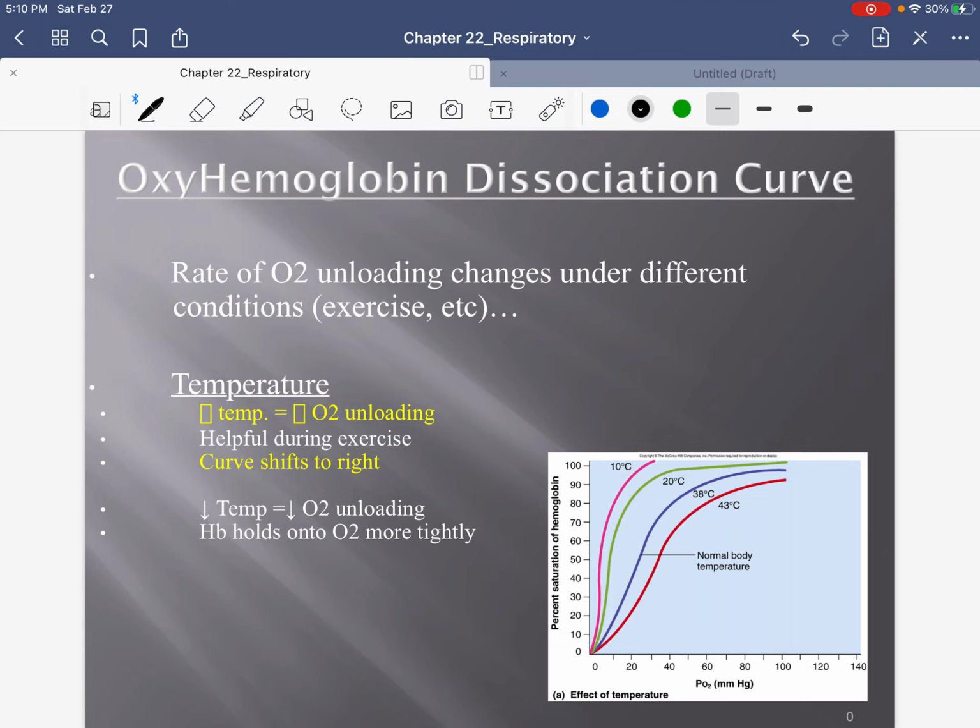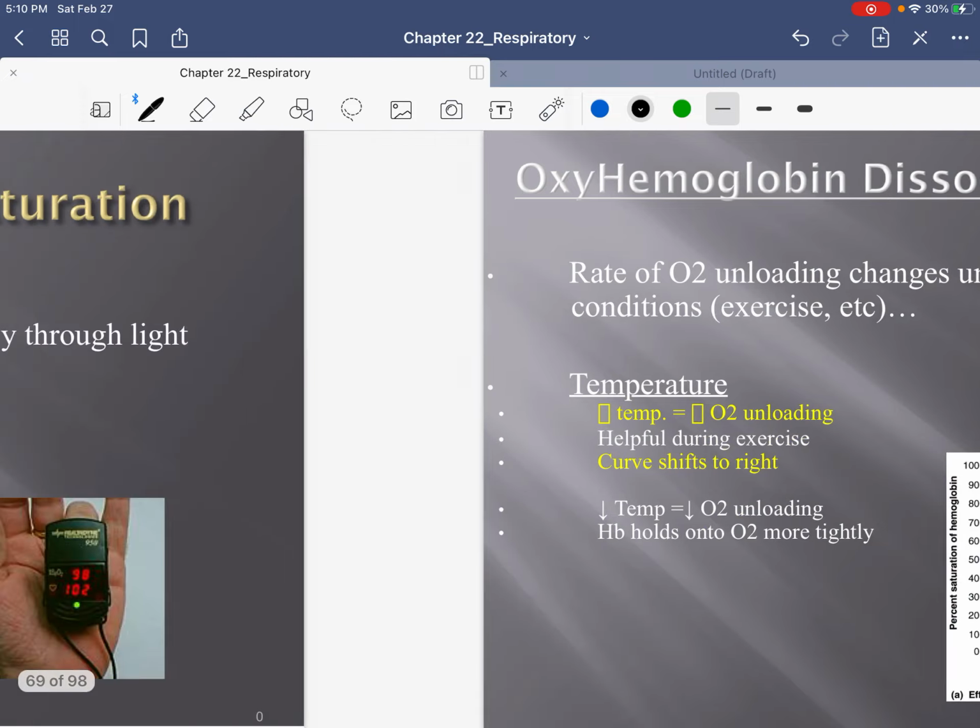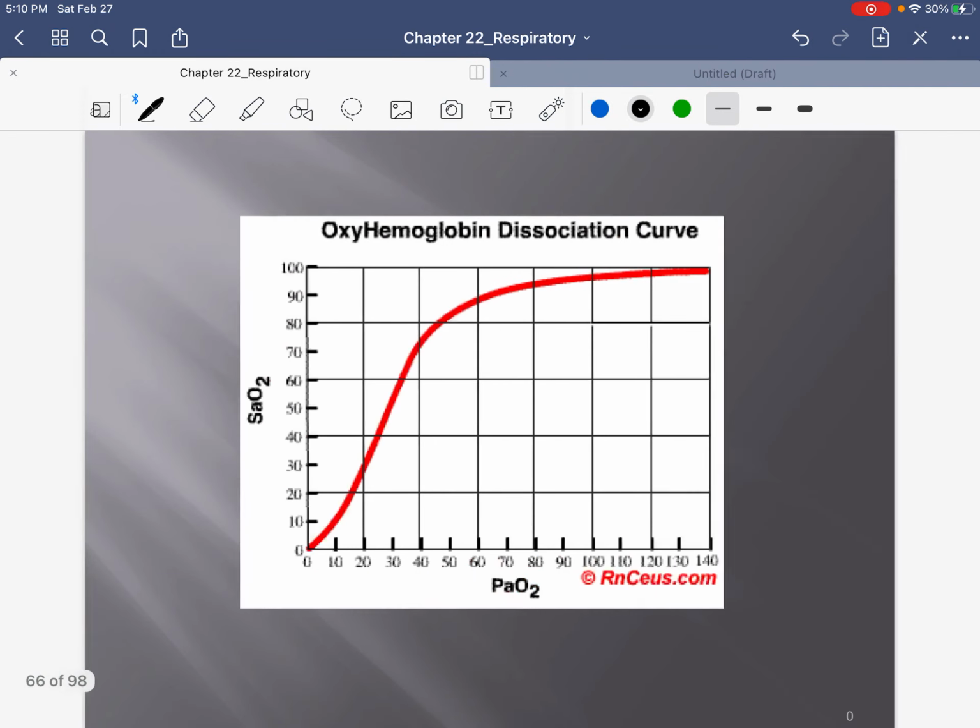Okay, now there's two situations I want to talk about of how this curve changes. Now, I know I'm asking a lot of you, but I'm asking a lot of you because I know you can do it. So let's just review. First of all, what does this curve show us?